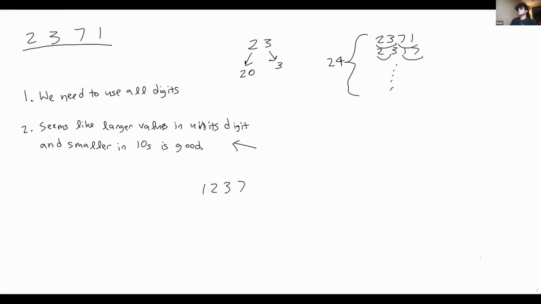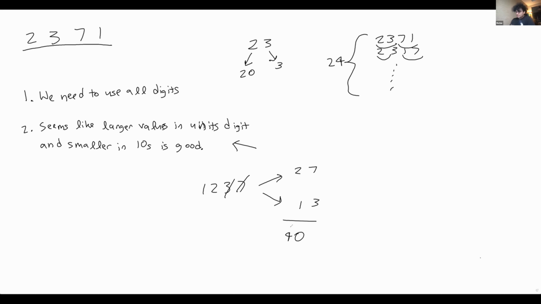According to this protocol, the optimal split is the following. I'm going to have 7 in the units digit, so I get rid of that. I'm going to have 3 in the units digit, so I get rid of that. Then I have 2 in the tens digit here, and 1 in the tens digit here. It does turn out that this is optimal, so this would give a sum of 40.